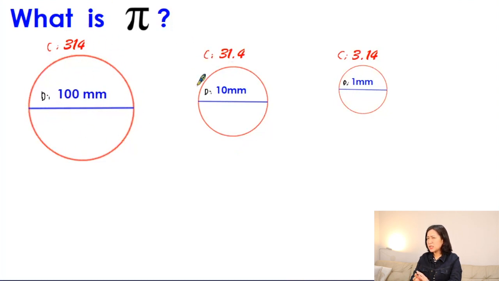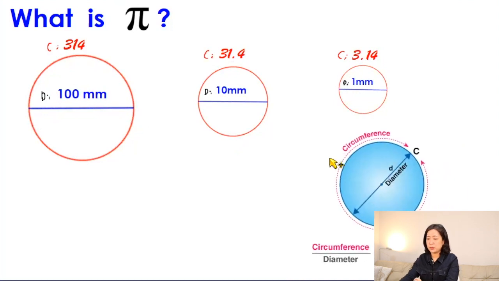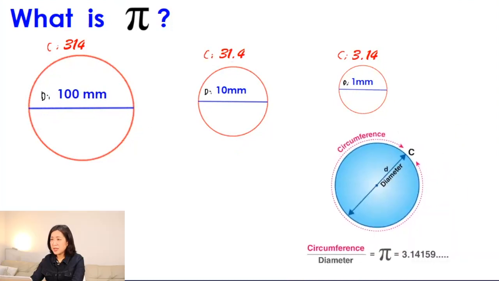Do you think you can spot the pattern? What is the commonality between the diameter and circumference, regardless of the size of the circles? The answer is, have a look at this.